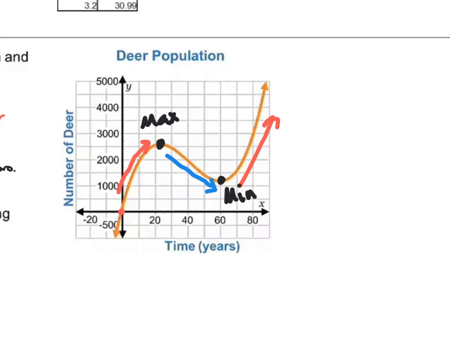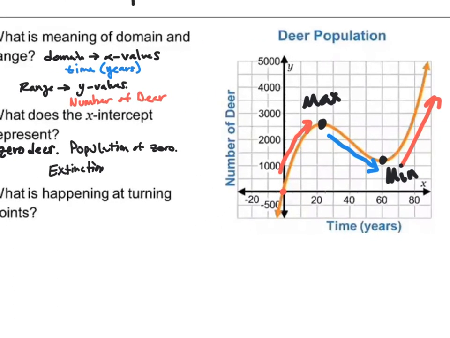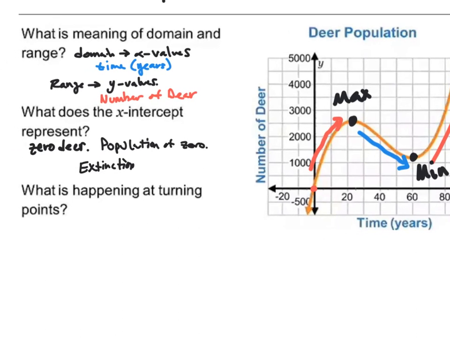And so, what's happening at the turning points? The population of the deer is changing. That's kind of a hard question to ask or answer. Well, you either had a maximum or minimum number of deer. Here, the population was increasing.